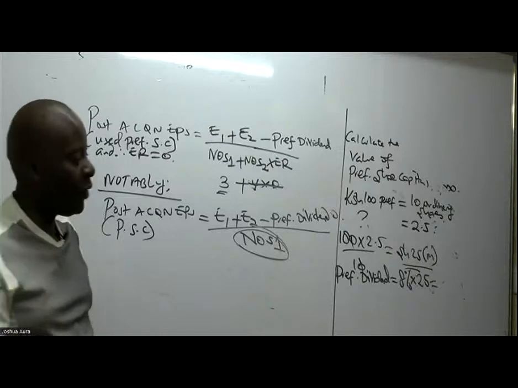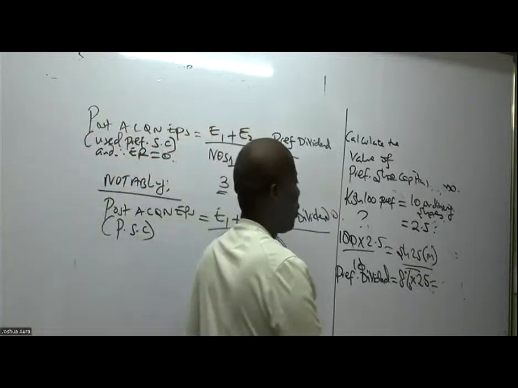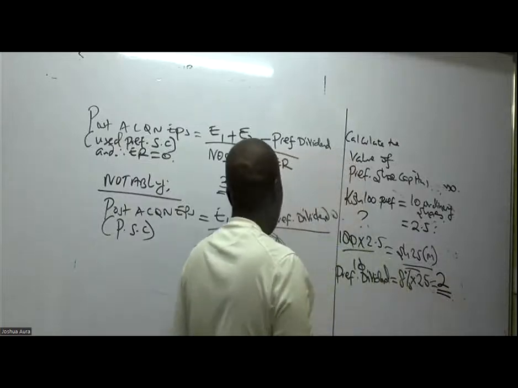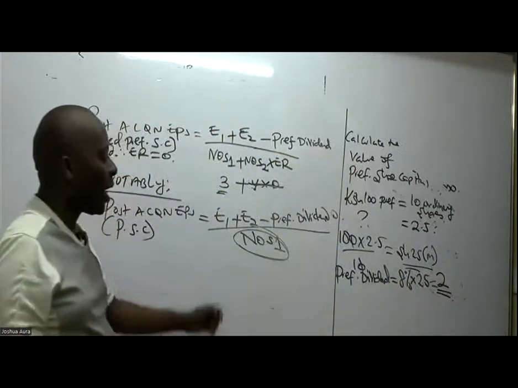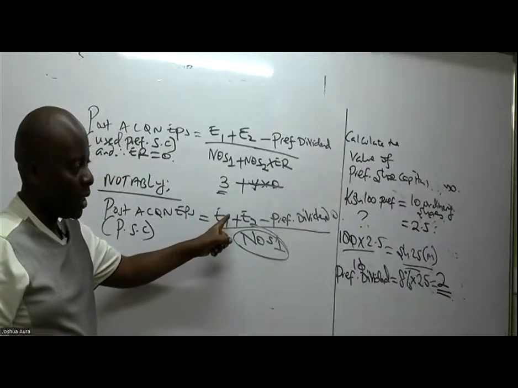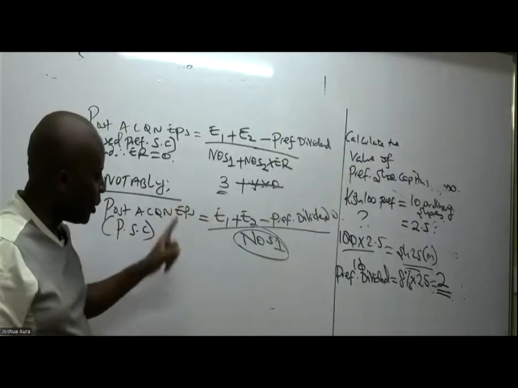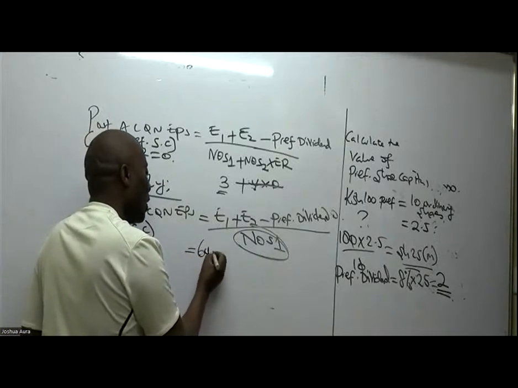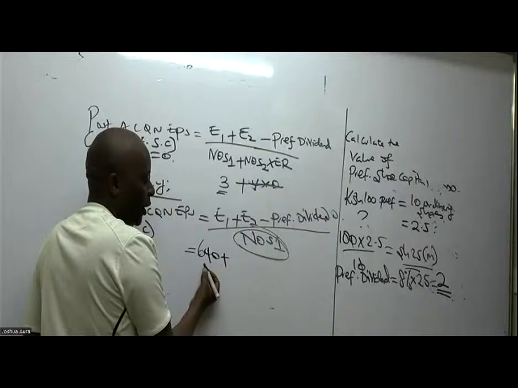So I'm being given a figure of 2. Thank you so much. Could you kindly double underline this figure, and then come and fix it here. So, ladies and gentlemen, the earnings of company 1, if I remember very well, you had given me this figure of 640.